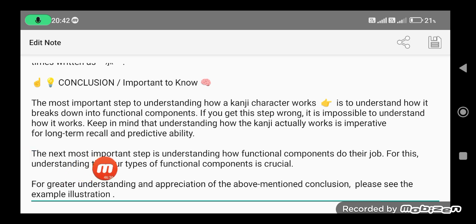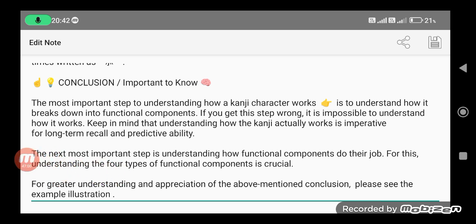The next most important step is understanding how functional components do their job, as we have discussed today: the form, meaning, and sound components. So that's the second step, knowing how these components do their job, and understanding the four types of functional components which we have discussed.